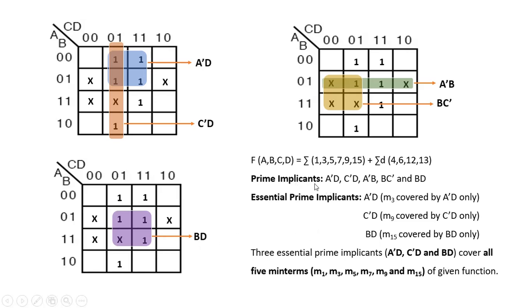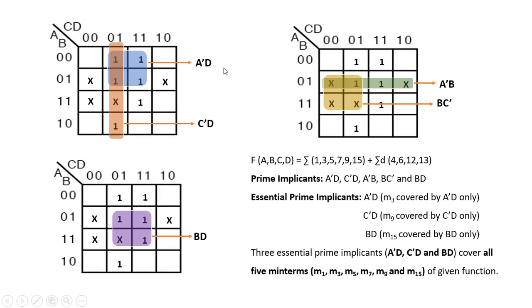Now we can see that we have 5 prime implicants: A bar D, C bar D, A bar B, B C bar and B D. Out of these, 3 are essential prime implicants. As you can see, this minterm, which is minterm 3, can be covered by only this prime implicant A bar D. It cannot be covered by any other prime implicant.